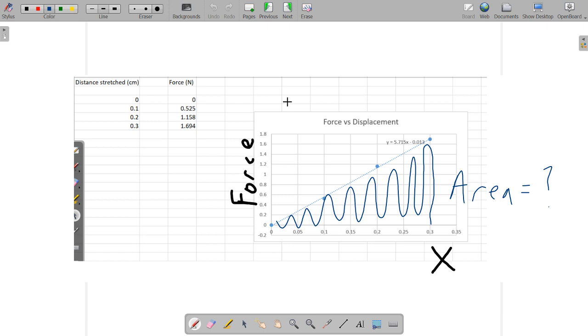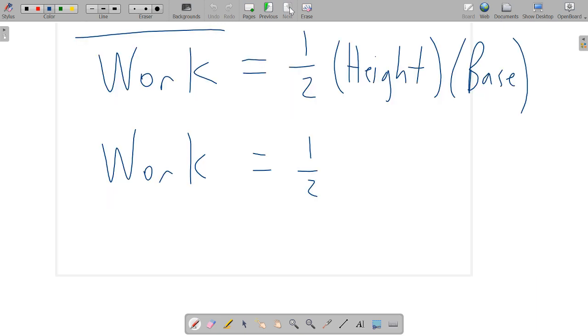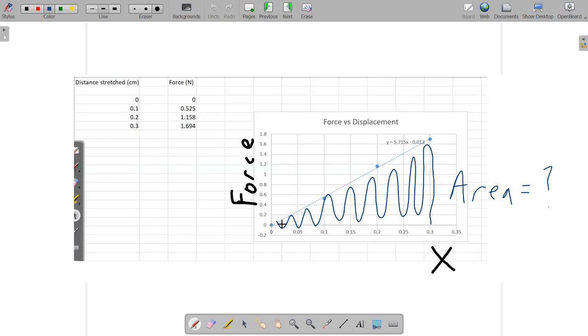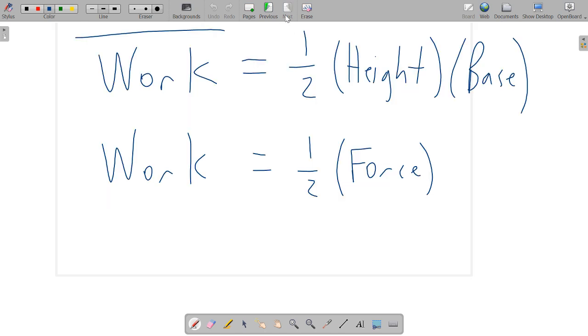But what is the height of this triangle, from here to here? That's nothing more than our force values, because we're plotting force on the y-axis, so height is equal to force. And the base of our triangle, from here to here, is equal to displacement, in other words x.